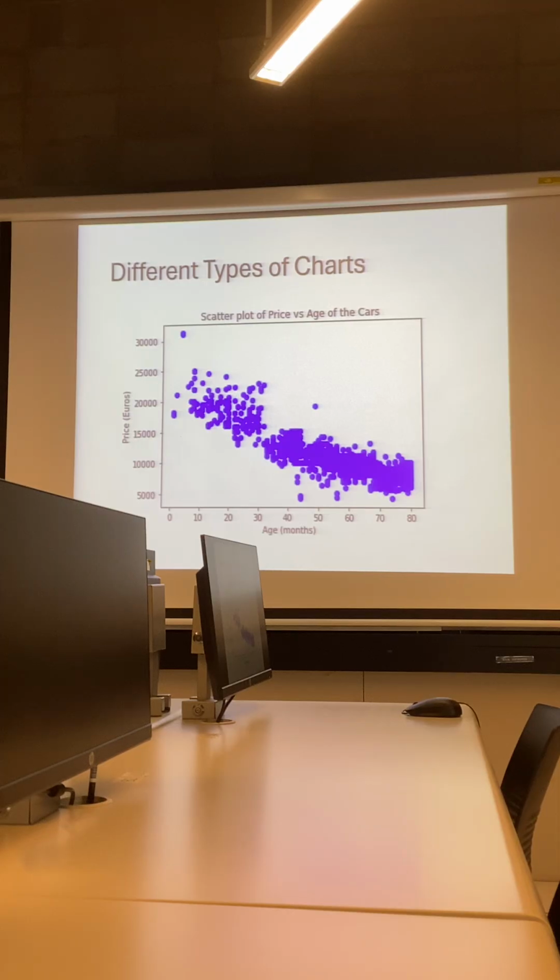You can see this is a scatter plot. They would like to compare age and price, the age of the car. So from this diagram, if the car is 80 months, how many years is that?